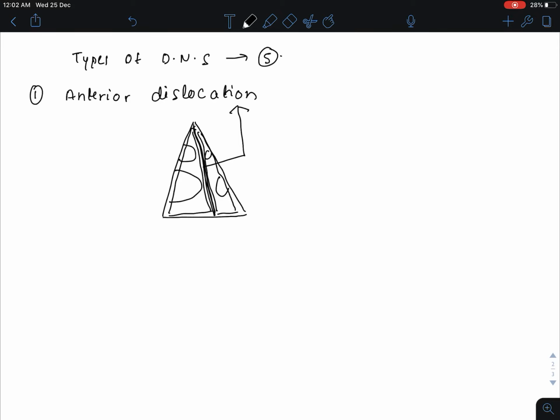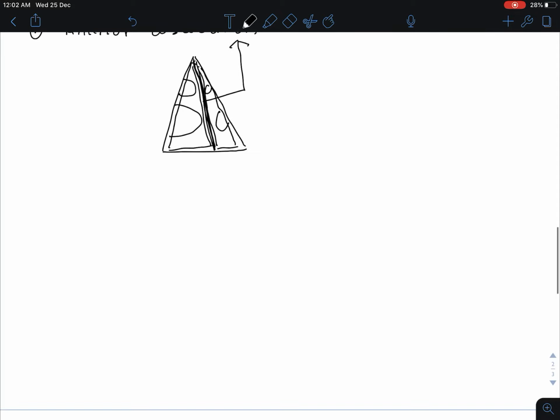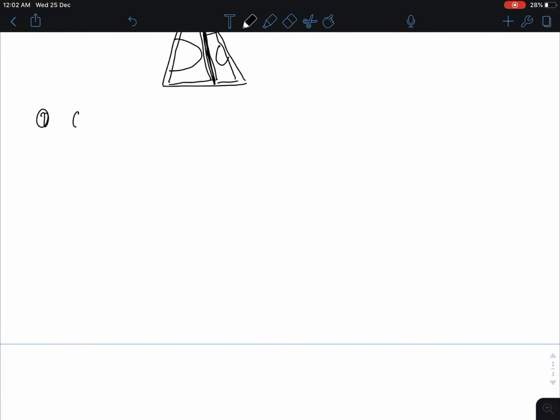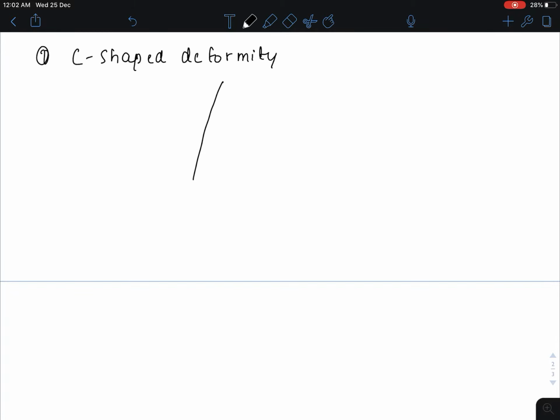septum. Okay, now the second type of deviated nasal septum is C-shaped deformity. This is the C-shaped deformity.